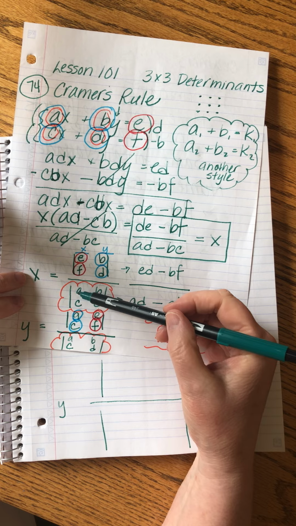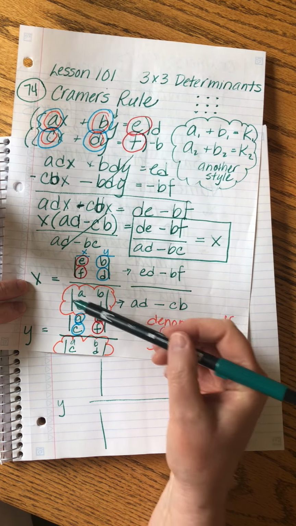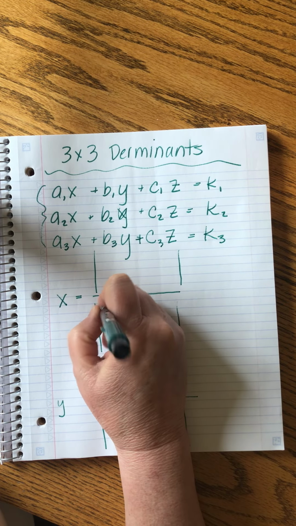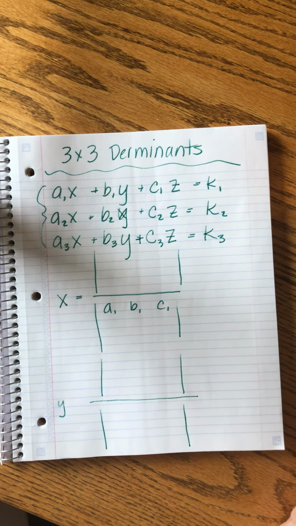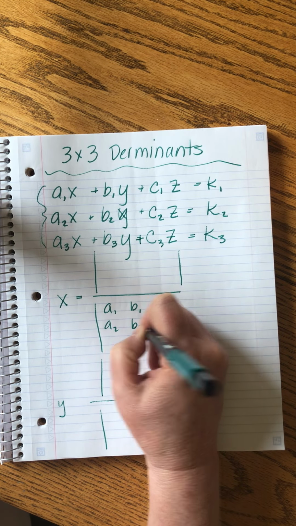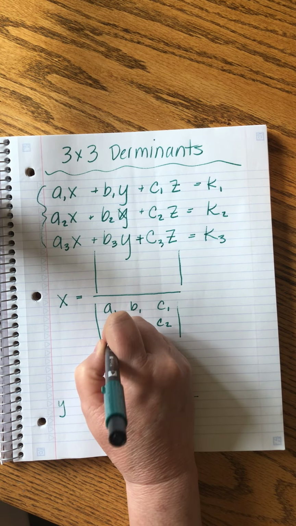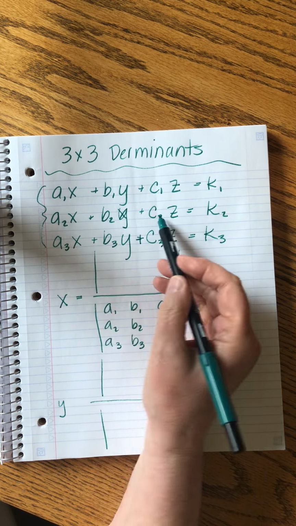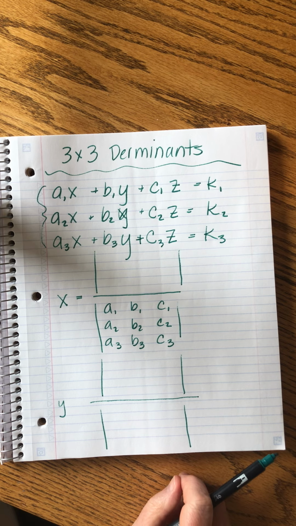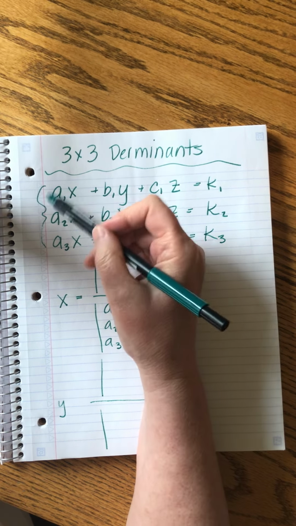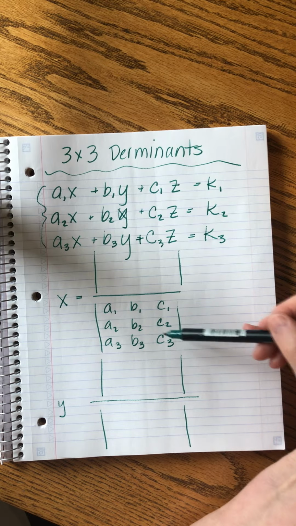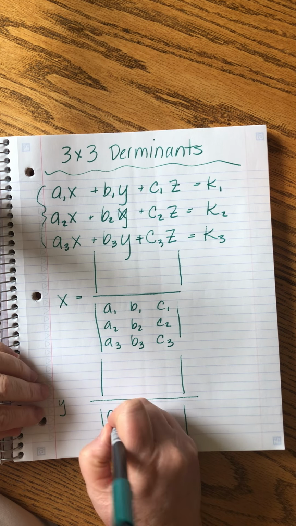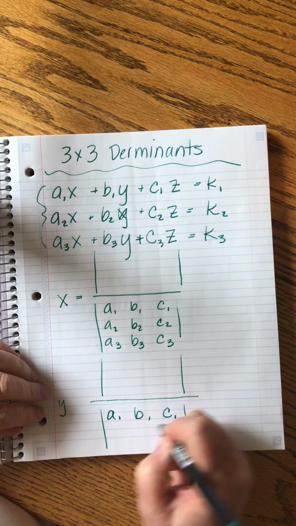So what we'll do for this 3 by 3 is pretty straightforward: A1, B1, C1, A2, B2, C2, A3, B3, C3, right? So we're just going across and picking up the abstracted coefficients. We turned them into weird little letters and subscripts, but we're just picking those out. We're going to do these with numbers, PS, in just a minute. We know it's the same down here. The denominators are always the same.